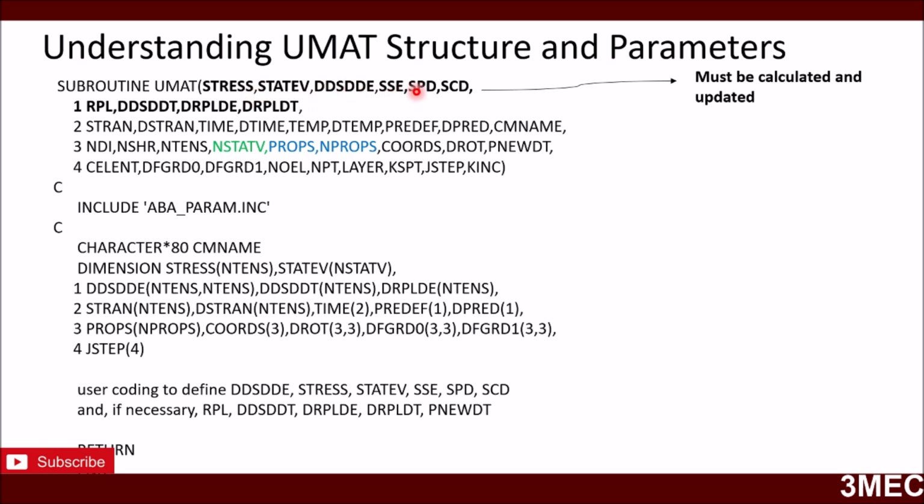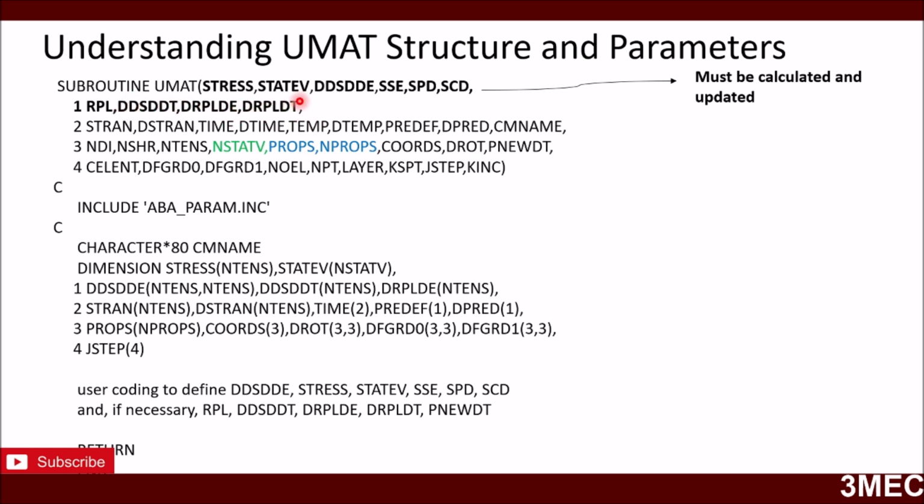Other things involved are stress specific energies like plastic dissipation, etc. Again, you can look at the ABAQUS documentation, and these can be used for post-processing or any other decision you want to make in the UMAT. If you're doing a thermomechanical analysis, then you also have to define the change of stress with respect to the temperature increments, etc. So these become relevant when you are doing a thermomechanical analysis.